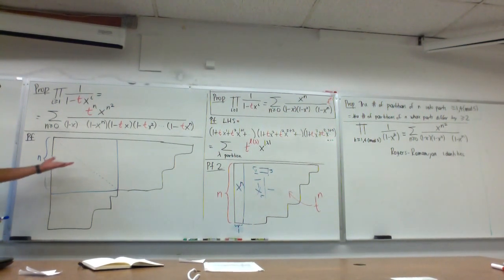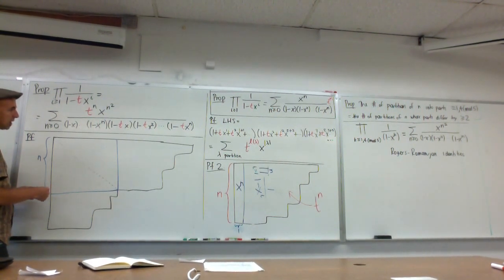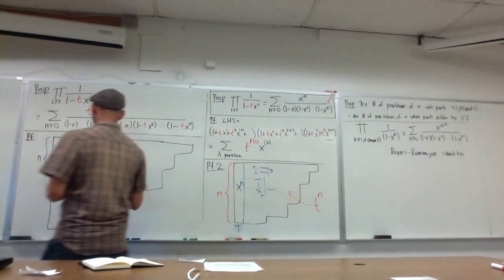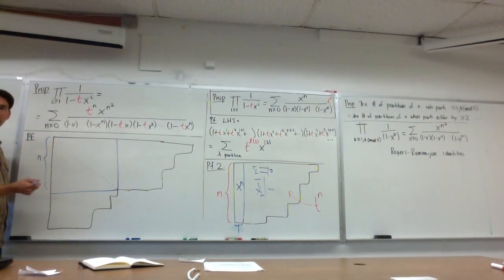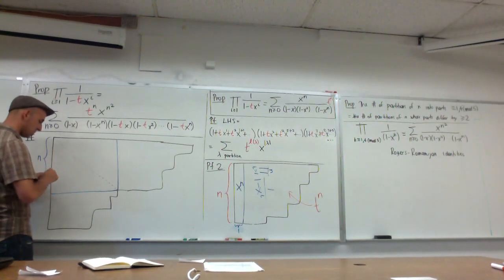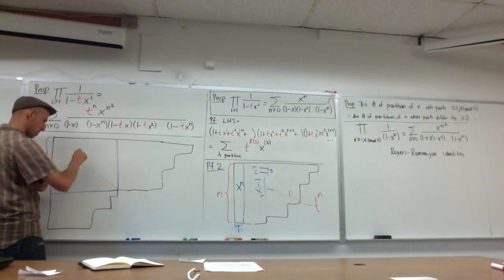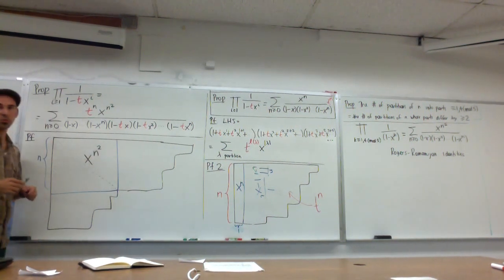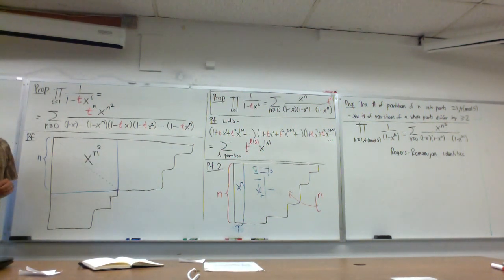Okay, now let's try to figure out how to count the weight of something like this. Well, first of all, this thing has area n squared, and so in the area category it contributes x to the n squared.